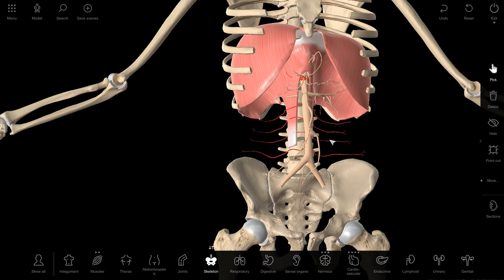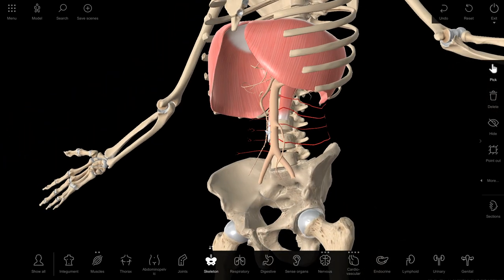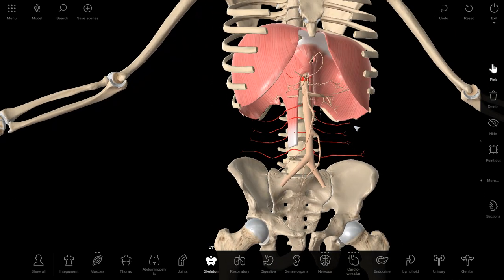Again 4. In each intervertebral lumbar space we can find its own artery. So 1, 2, 3, 4 from left side, 1, 2, 3, 4 from right side. Now we can say that we have shown all parietal branches.